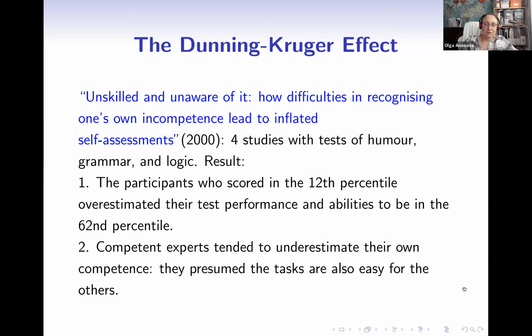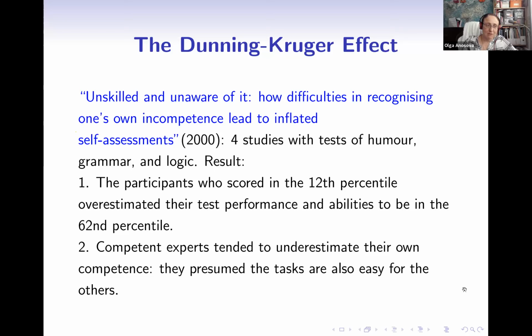But also, what happens to the top performers? Top performers tended to underestimate their competence because they thought the tasks that were easy for them were easy for everybody else. And that universal rule has been confirmed in many other settings.